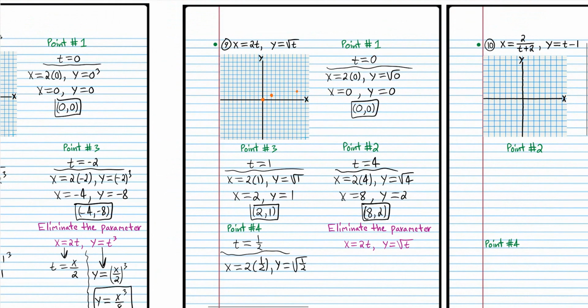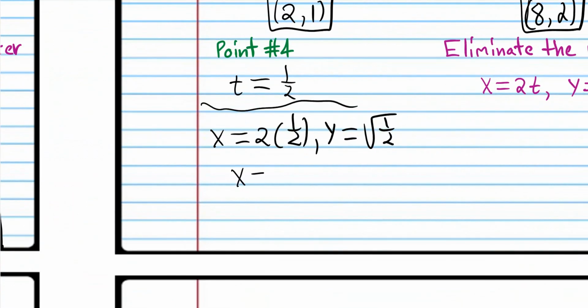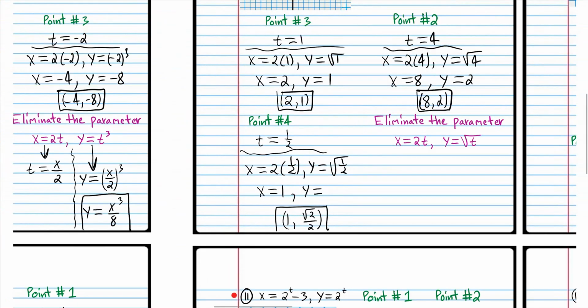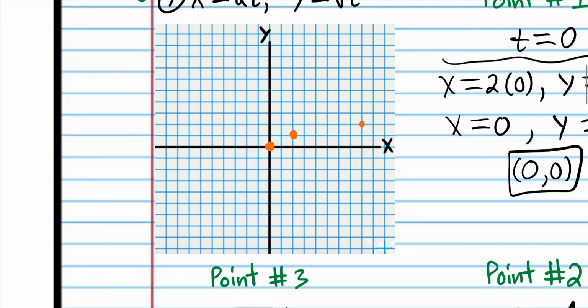That's actually not going to be very easy, but that's okay. X is 1. Y is the square root of 1/2, which is about 0.7. So our point is 1, square root 2 over 2 if we want to rationalize that, but you don't have to use that value. So that's going to be about there.